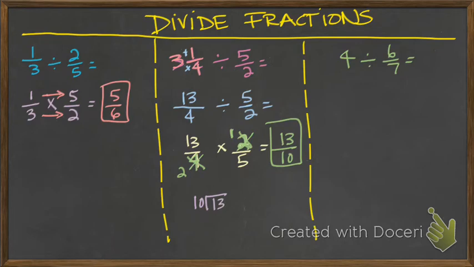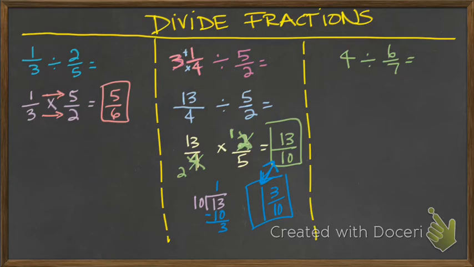Well, it goes in 1. And when I subtract, I get 3. So this is the same as 1 3/10. These two are the same fraction, just one is an improper fraction, one is the mixed fraction.